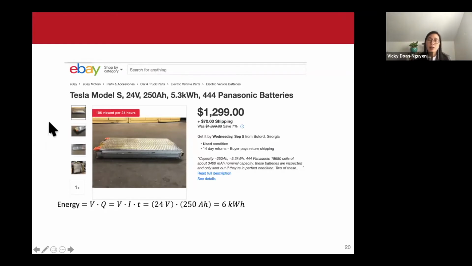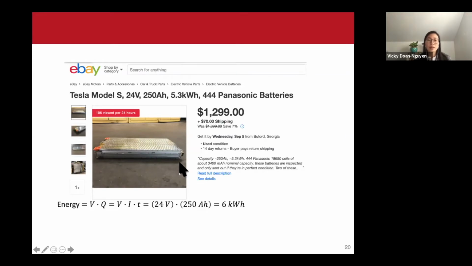Here is just a commercial example in which you see a battery pack rated at 24 volts, 250 amp hour, or 5.3 kilowatt hour in energy. And here it says there's 444 Panasonic batteries. So clearly the voltage and capacity for each electrochemical cell within this battery pack is a little bit different.